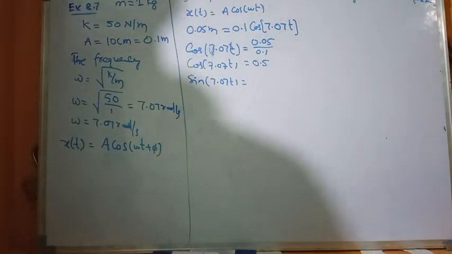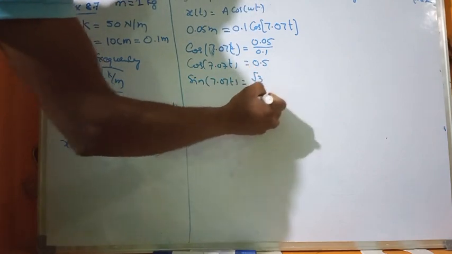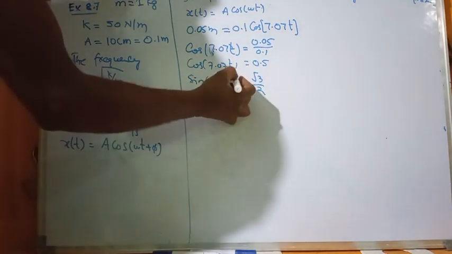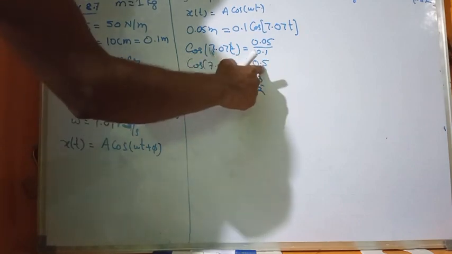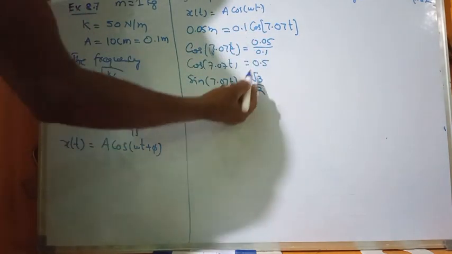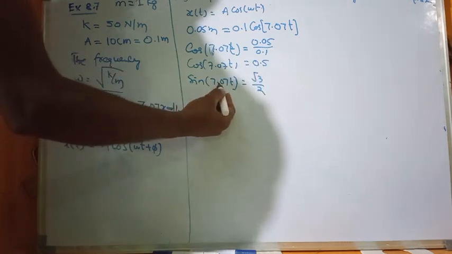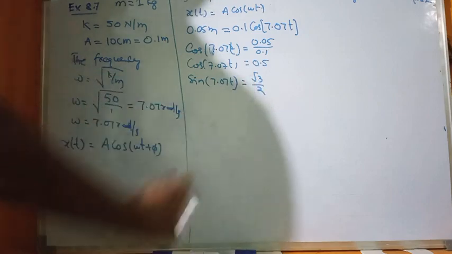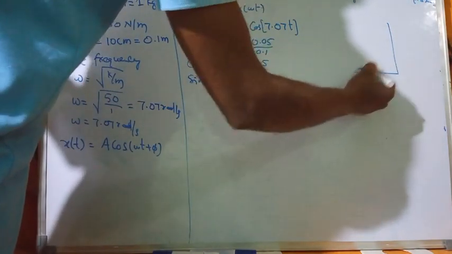For that we get the root 3 by 2 value. So cos 7.07 t is equal to 0.5 from this equation, and by using this, taking a right angle triangle like this, we get sine 7.07 t is equal to root 3 by 2.